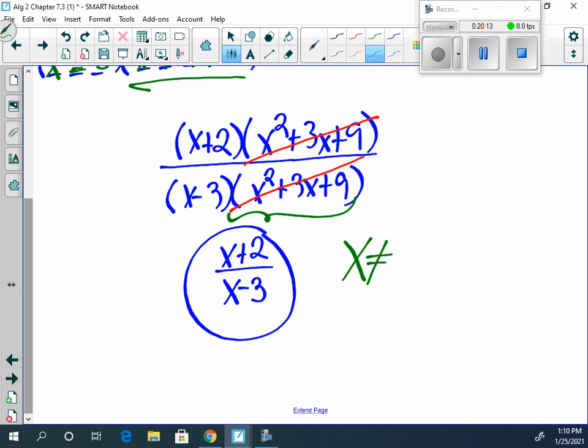Will it have solutions? Do we have any restrictions for this quadratic? No. The only other restriction is our x minus 3, yes? So according to the textbook, it's already there, isn't it? So we don't need to list it. But if we did, what would it be? It would make x minus 3 equal 0. And that's it.